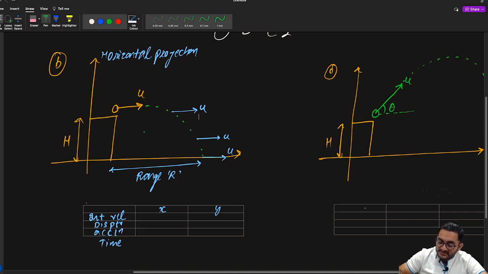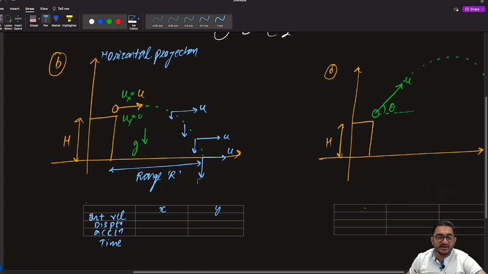But as g is present on the y-axis, my initial velocity on the y-axis is definitely 0. Why? Because the body has been projected horizontally. But as the body is moving on the y-axis, there will be some value of y, and that value will keep on increasing.